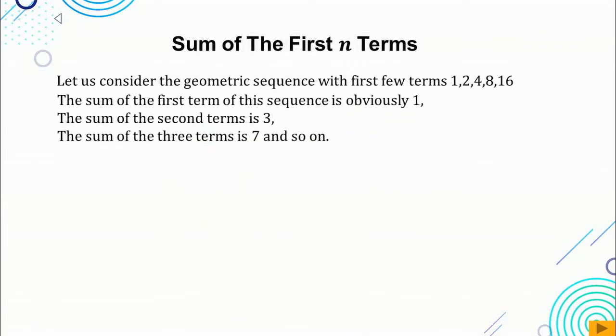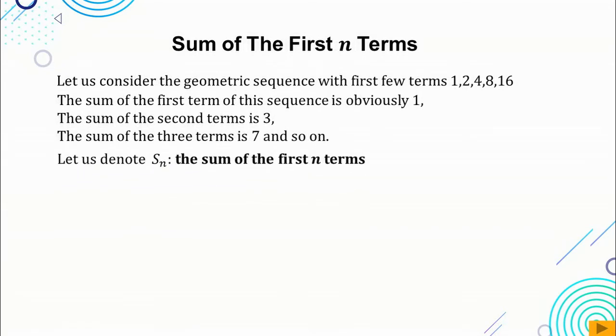If you're curious how to find the sum of the first n terms, we can do it manually. The sum of the first term is obviously 1, right? And then the sum of the first two terms is 3. And then the sum of the first three terms is 7 and so on.